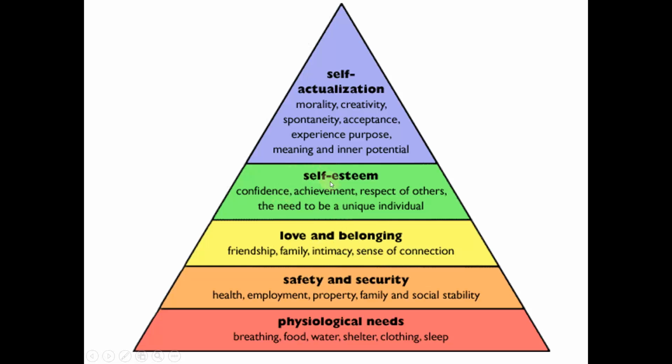Then they go to self-esteem, and after that the final level, self-actualization. So this is the hierarchy based on which the needs are satisfied. Only after one level is completed do the customers move to the next level.